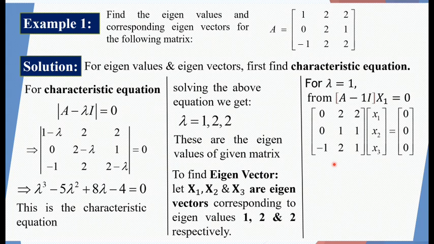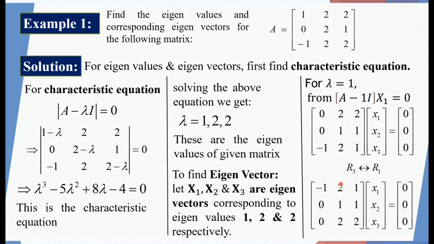Find the rank of this matrix by the echelon form, and for the echelon form the first element should be unit. So we can interchange R1 and R3. On interchanging R1 and R3 we get minus 1 2 1, 0 1 1 and 0 2 2. Now these two are already 0, so no need to convert minus 1 into plus 1.